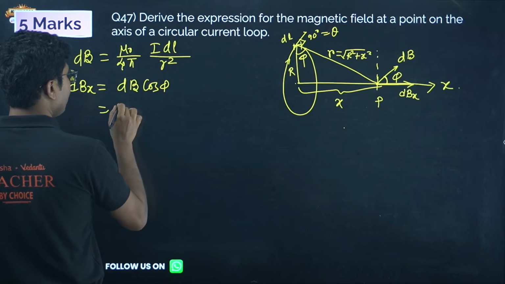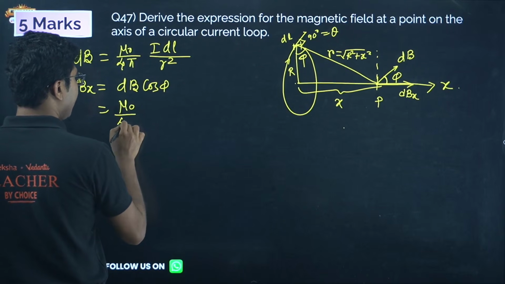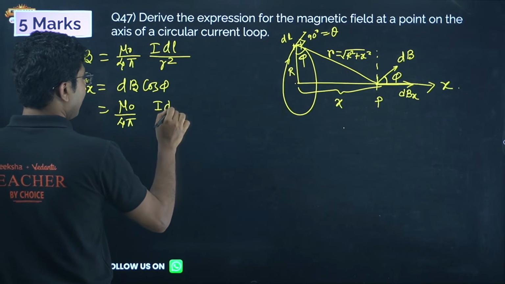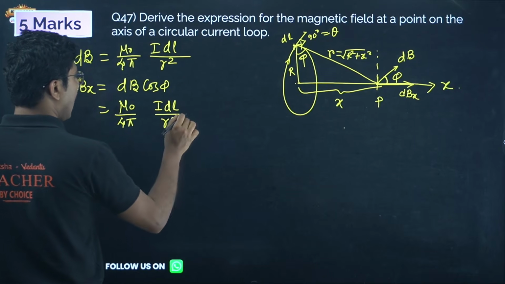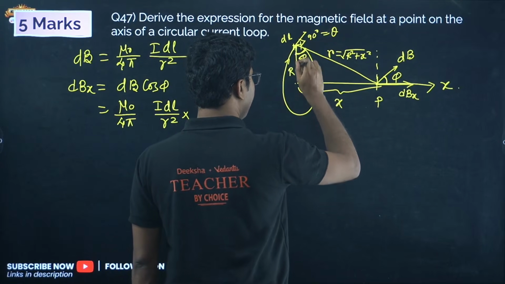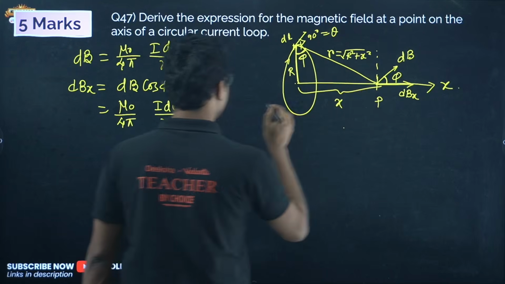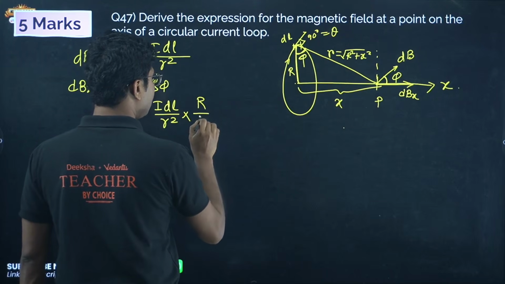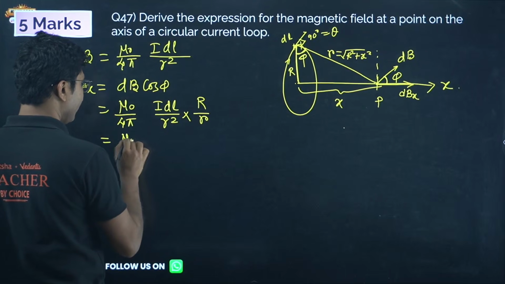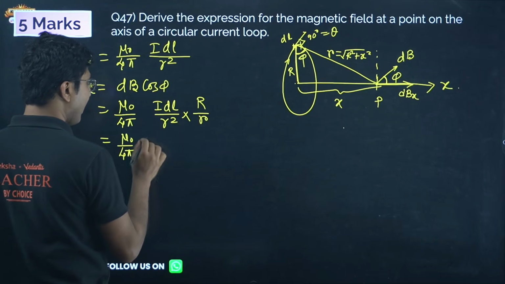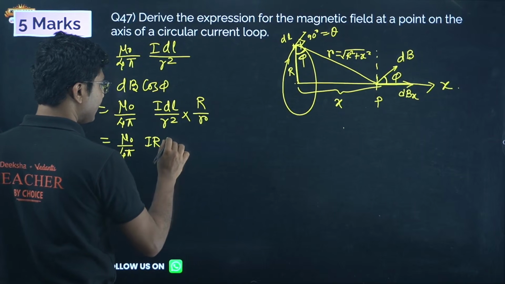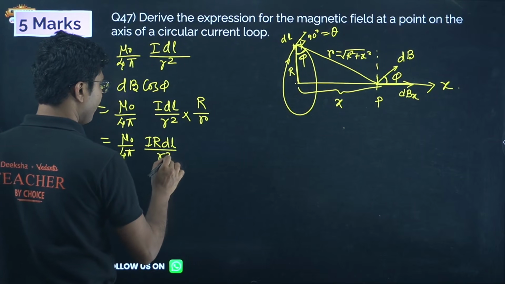Now put the value mu naught by 4 pi, I dl by r square. And what is cos phi? If you come back to this triangle, cos phi is the base by hypotenuse, so it will be R by small r. We are not putting the value yet, we will put that value back as soon as we have simplified this. So divided by r cube.